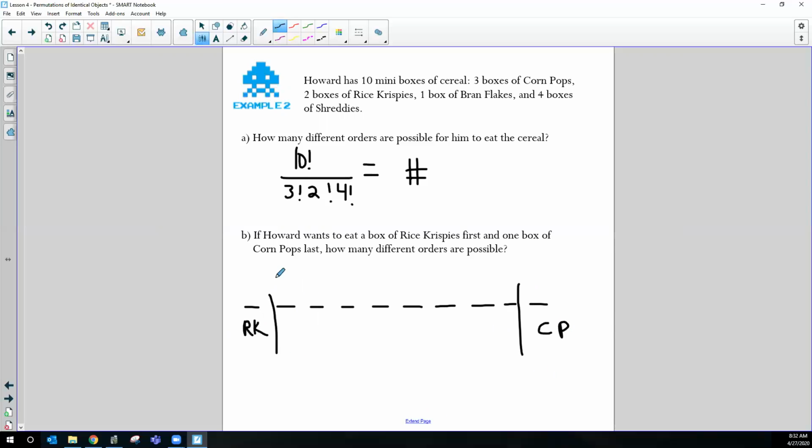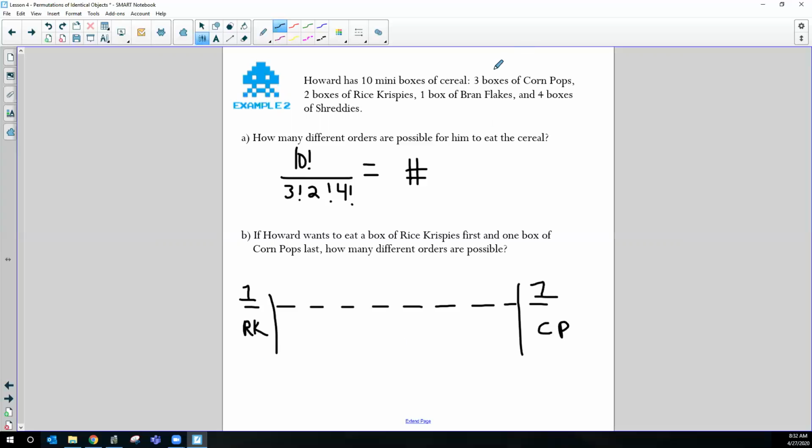So when we go to do Rice Krispies, there are 2 ways of thinking about this. There are 2 Rice Krispies, but they're repeating, so 2 over 2. But another way of thinking of it is if you need a Rice Krispie first, there's only 1 possibility, right? If you need a corn pop last, there's only 1 possibility.